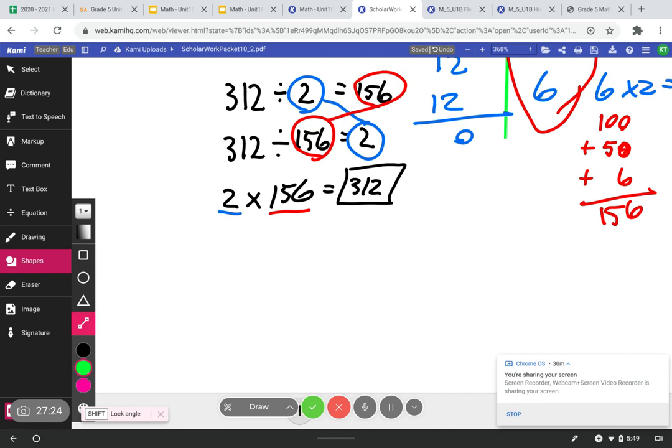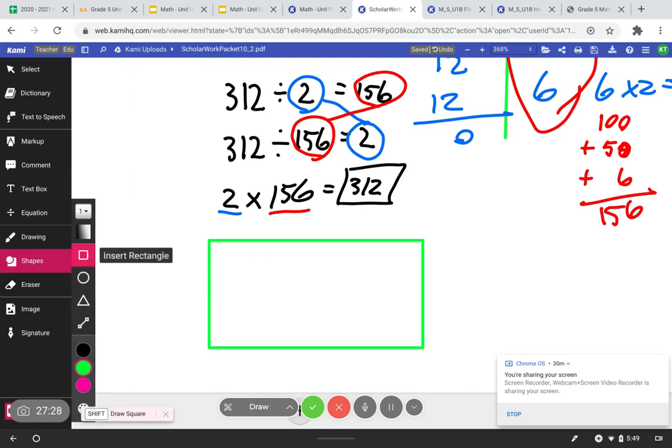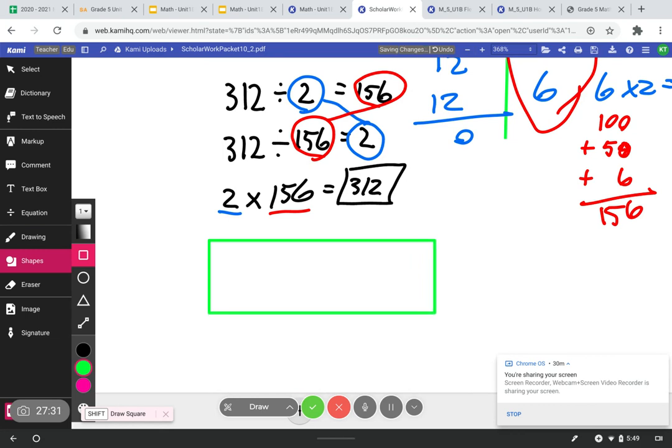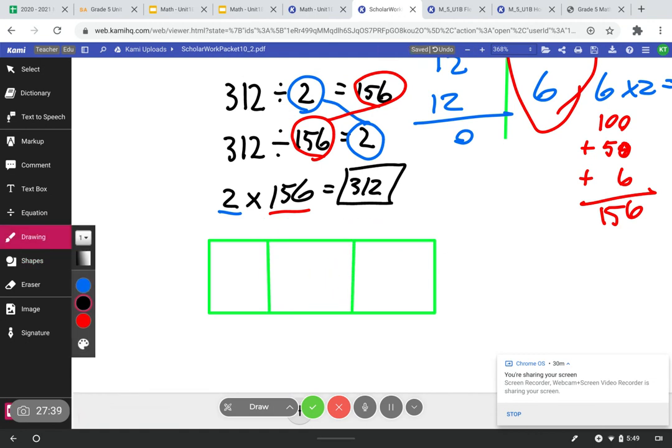So let's do that. I'm going to check my work with an array. So I'm going to multiply 156 times 2. And if it equals 312, then that means I did my division work correctly.